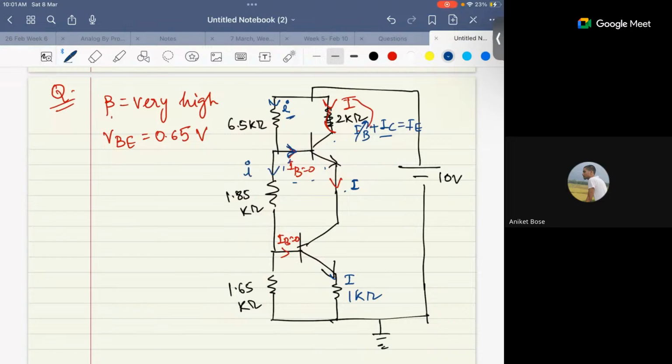And again IB is 0, so the same I will come here also, and then it will go here. So it will be 10 volt equals 6.5 times I plus 1.85 times I plus 1.65 times I. Okay, so that's 1 milliampere. Making sense to everyone? Now you have to tell me the value of this I.